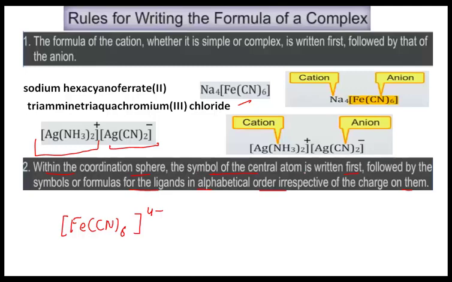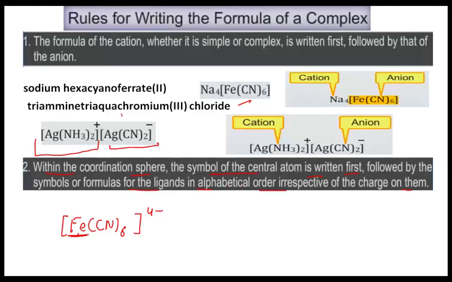So first of all, after beginning the square bracket, we will write the central metal atom, and after that, we will write the symbols of the ligands in alphabetical order, if there is more than one different ligand.